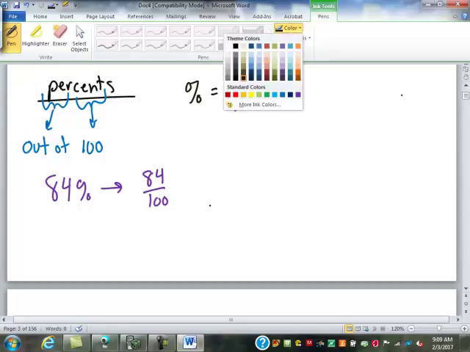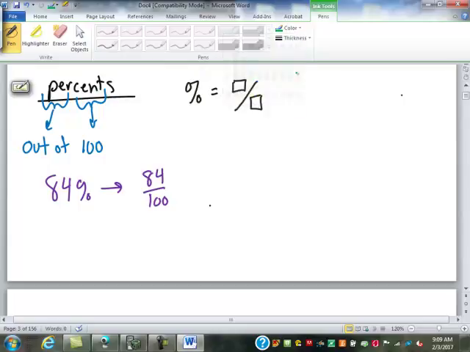So it really is that easy to change a percent into a fraction, just like that. Put it over 100. Now we wouldn't leave it like 84 over 100 because both of those can be divided by 4. So 84 divided by 4 would be 21. 100 divided by 4 would be 25. So that'd be 21 25ths as a fraction.